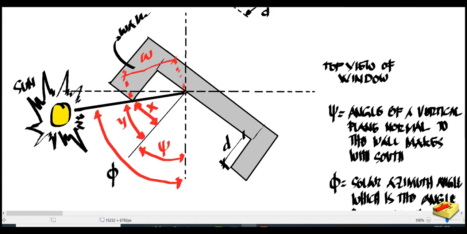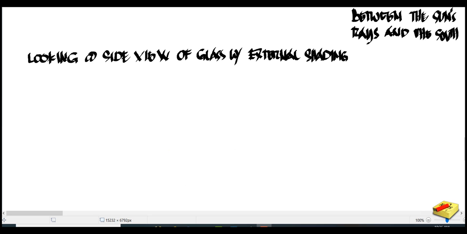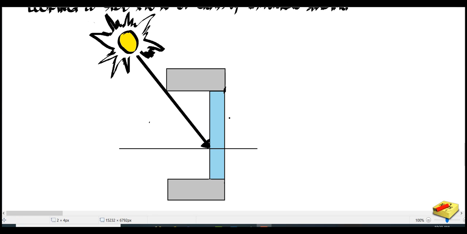Now looking at the side view of the glass with external shading, let's do a sectional view. In the sectional side view of the window with external shading, we can do some labels.